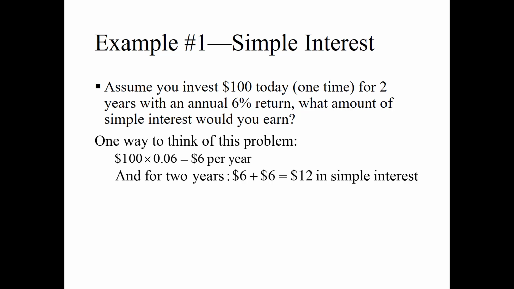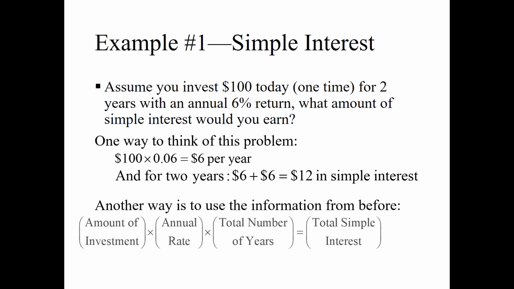In other words, $6 per year. And for 2 years, that would mean that you would earn $12 in simple interest. We could also look at it a different way using the information from the previous slide. We take the amount of our investment times our annual rate times the total number of years to equal our simple interest, and we see that we get the same amount of $12.